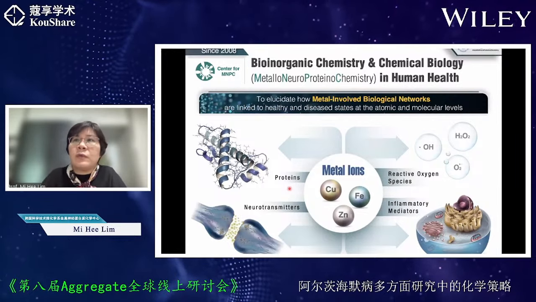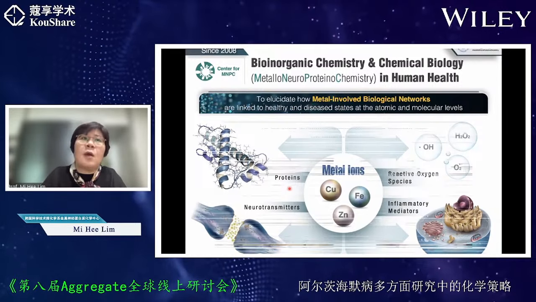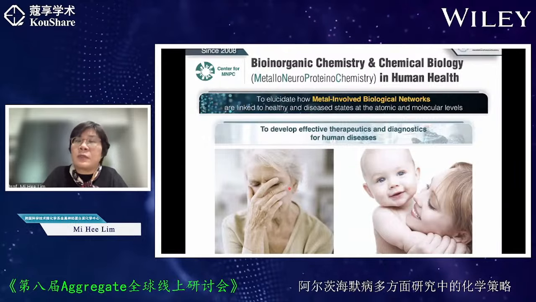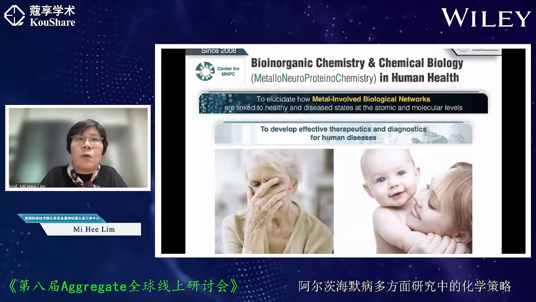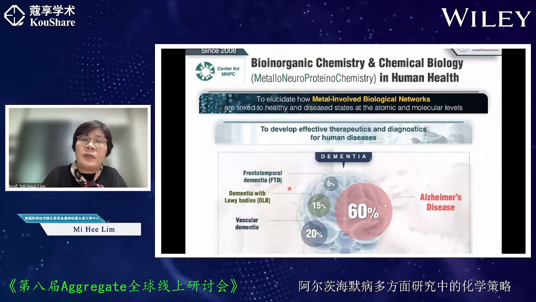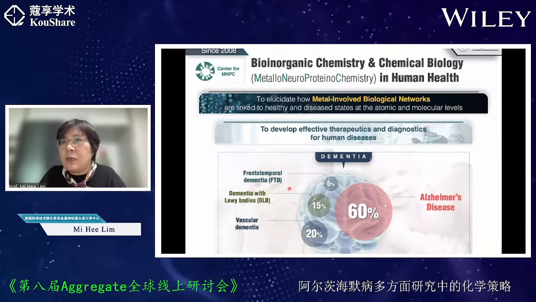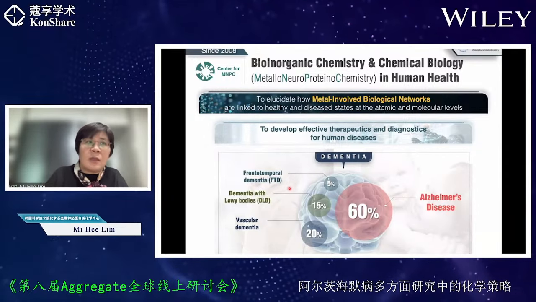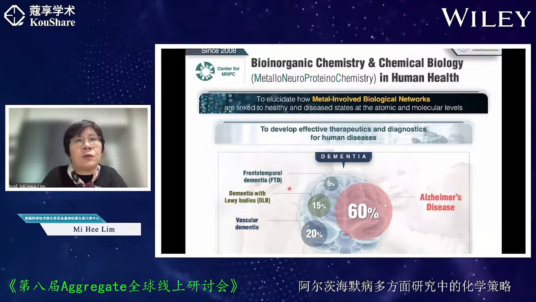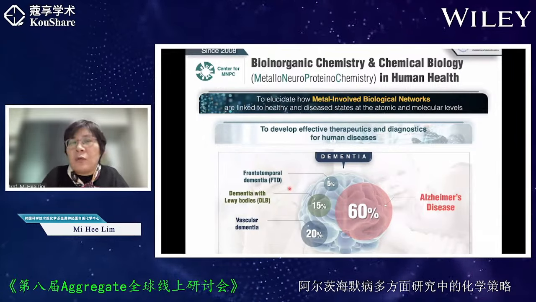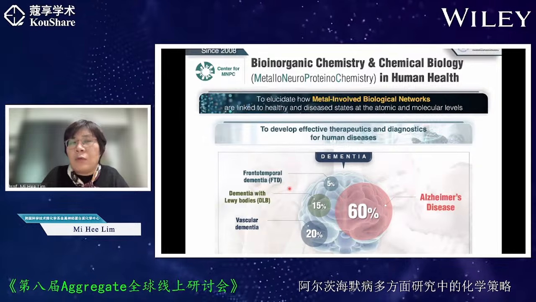We strongly believe that such a fundamental understanding allows us to develop effective therapeutics and diagnostics for human disease. Among human diseases, our laboratory has been mainly focusing on investigating the pathology of dementia, including Alzheimer's, vascular dementia, and other dementia as well, shown here. So today I'd like to share with you our research outcome on Alzheimer's disease.